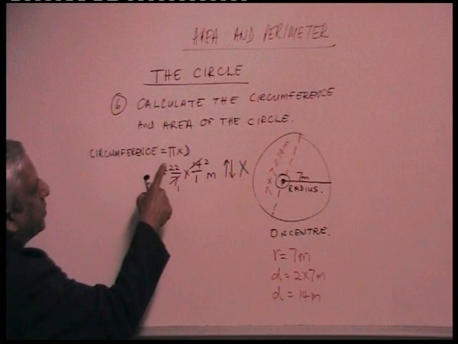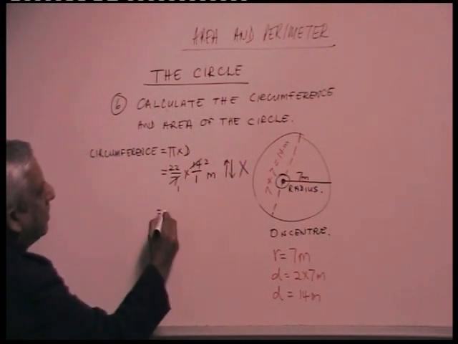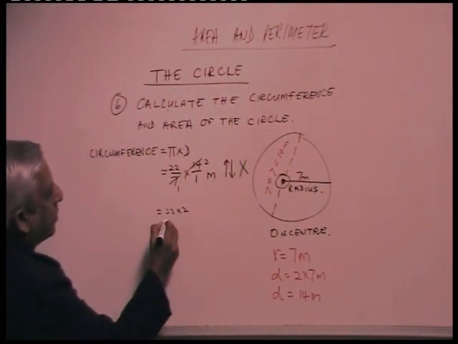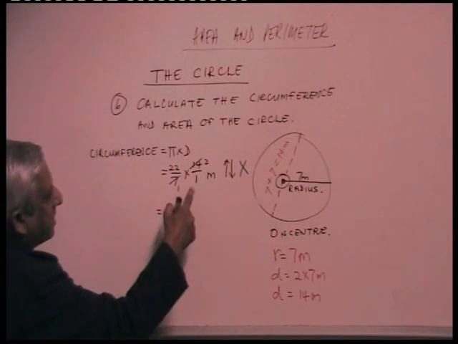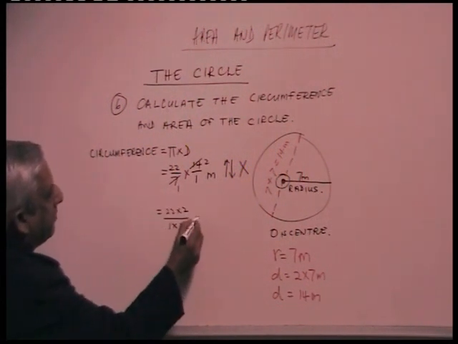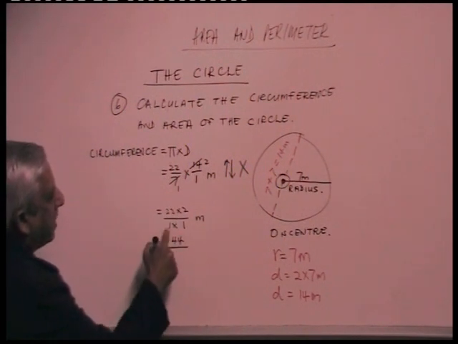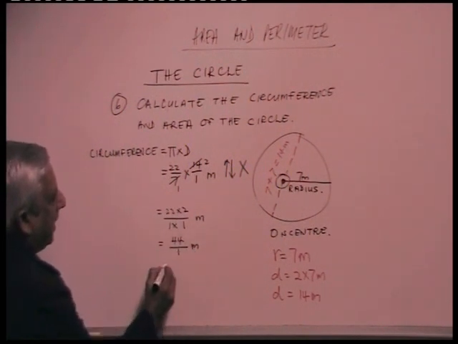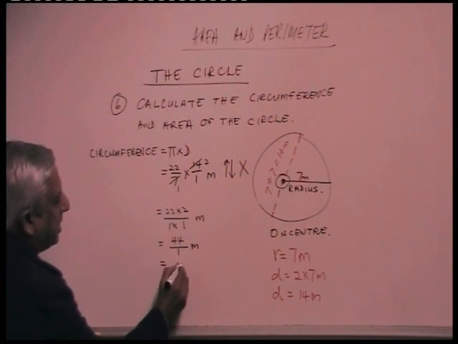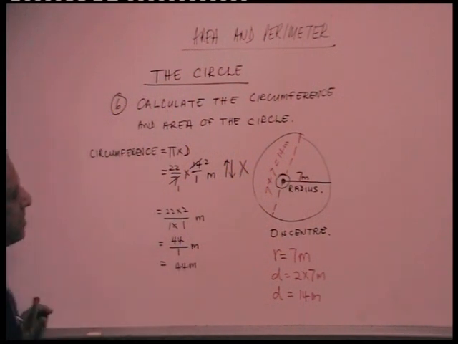What's left in the top? 22 times 2. In the denominator? 1 times 1. 22 times 2 is 44, 1 times 1 is 1, and 44 over 1 is 44. So the circumference is equal to 44 meters.